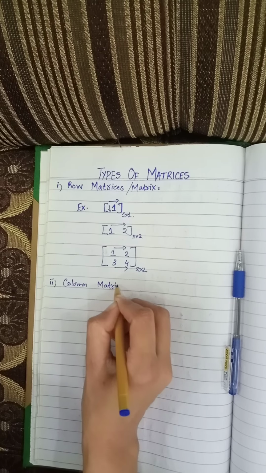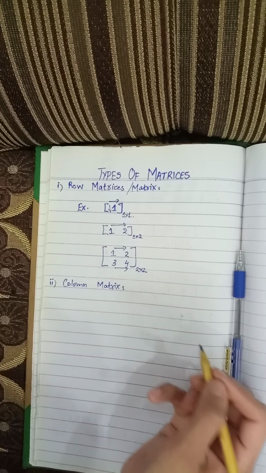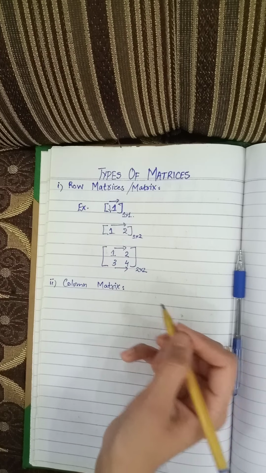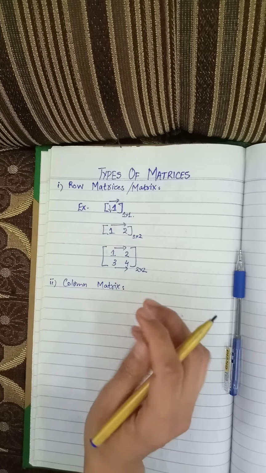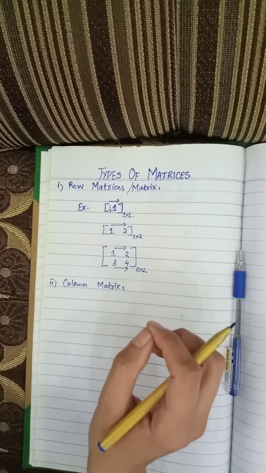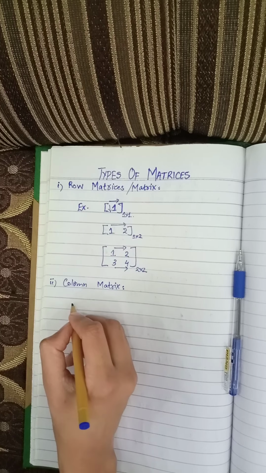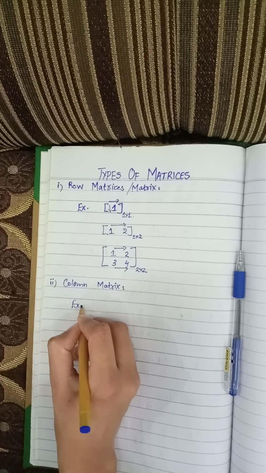What is the type of matrix which is called the column matrix? The matrix having only one column is called a column matrix. Let's take an example.